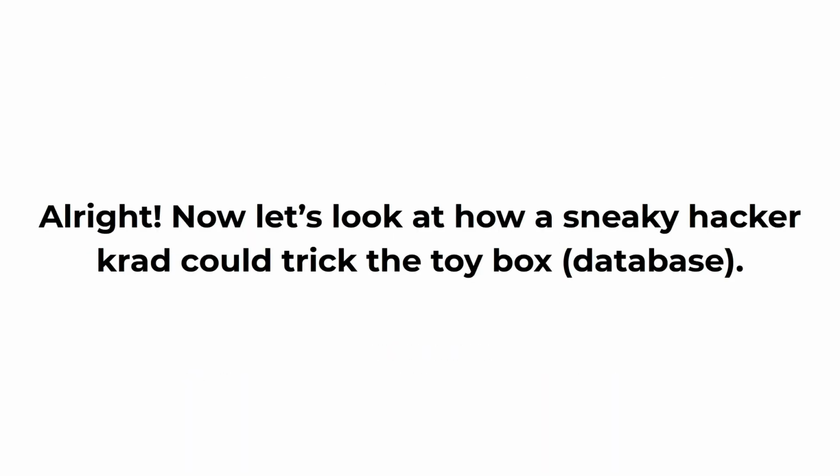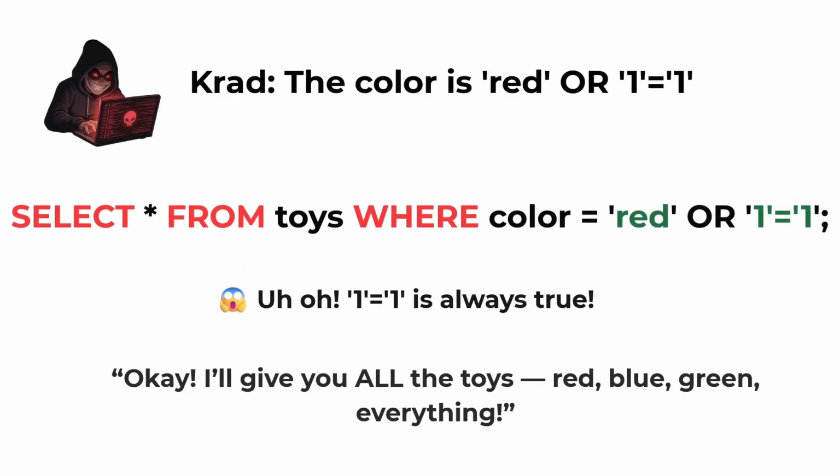Now let's see how our hacker Crad could trick this toy box database. Crad enters red or 7 is equal to 7. When this is put in the database query, it becomes SELECT * FROM toys WHERE color = 'red' OR 7 = 7.